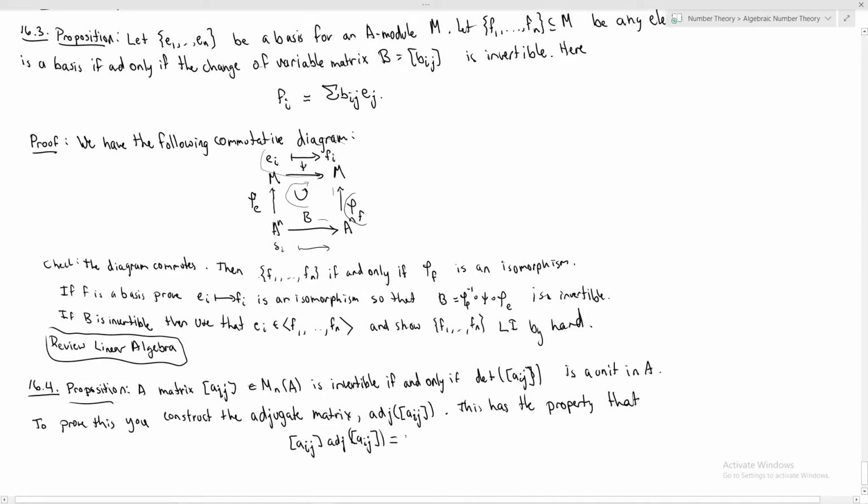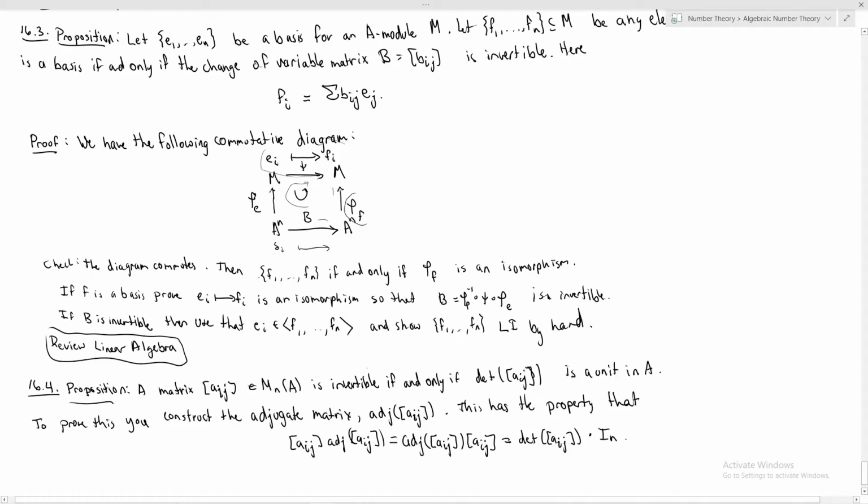It doesn't matter which order I multiply them in. I get the determinant of A_ij, my matrix, times the n by n identity matrix.